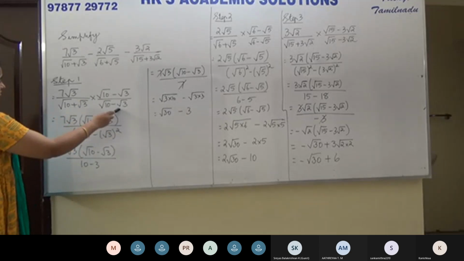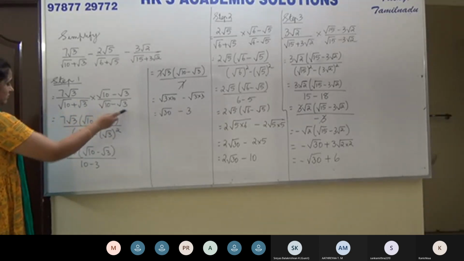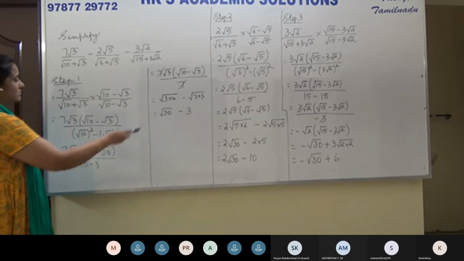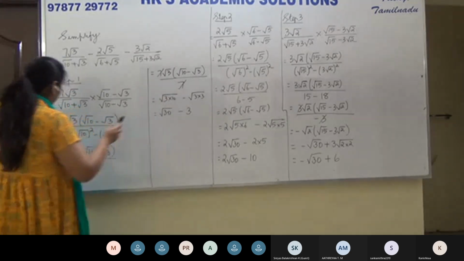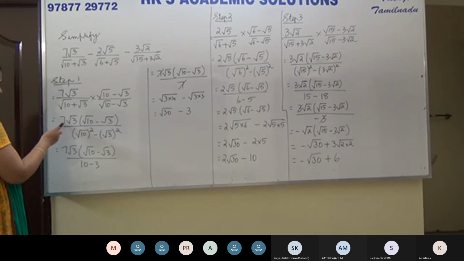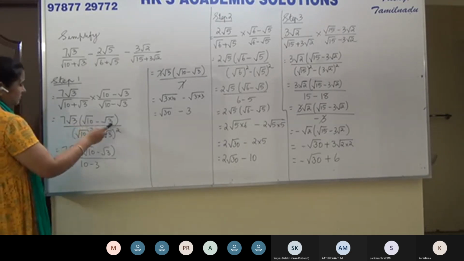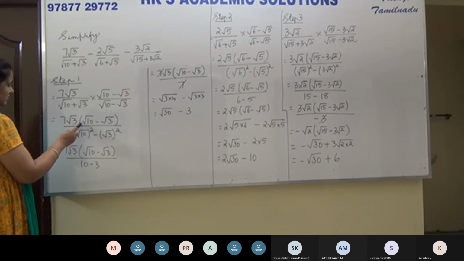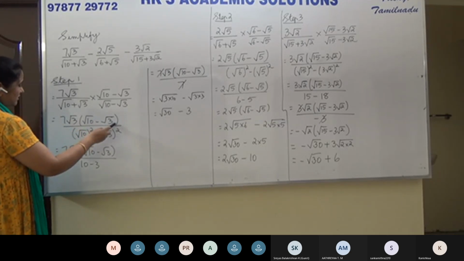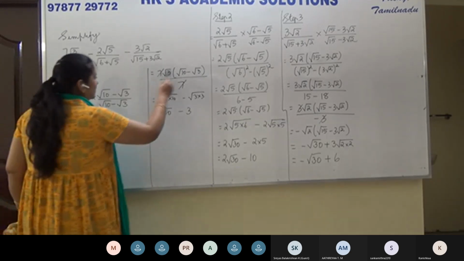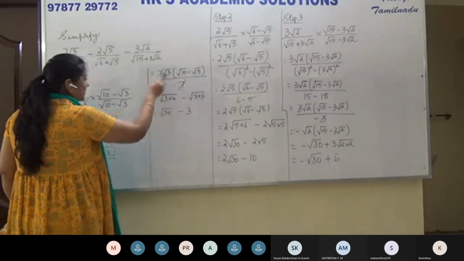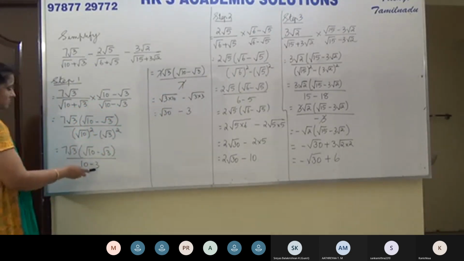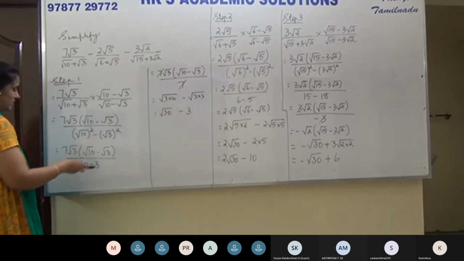The denominators are like a plus b into a minus b, so a squared minus b squared, which is 10 minus 3, 7. What you have to remember is, in the numerator, do not multiply 7 root 3 with root 10 minus root 3. Let this remain like this. At this point, you realize that you can simplify the numerator and the denominator. From 10 minus 3, we get 7.